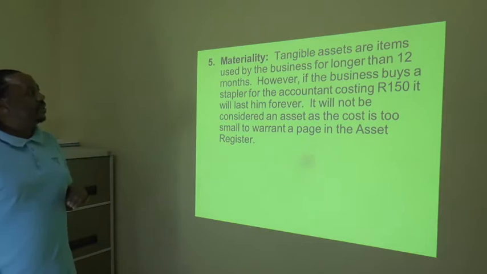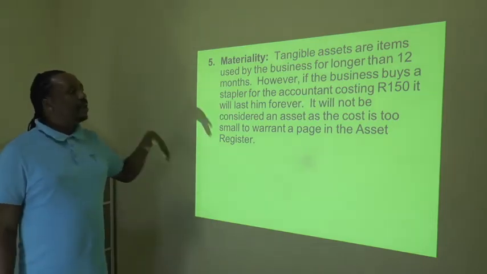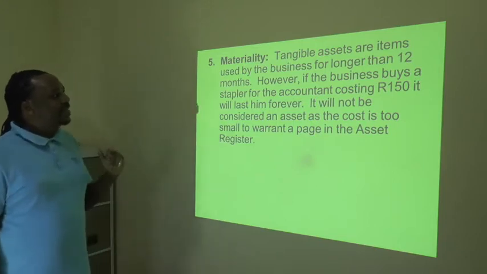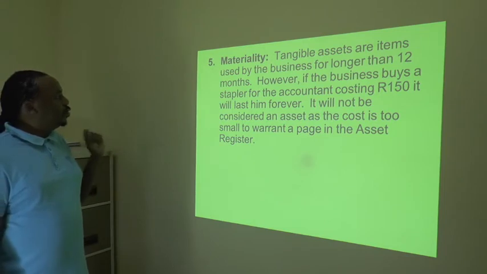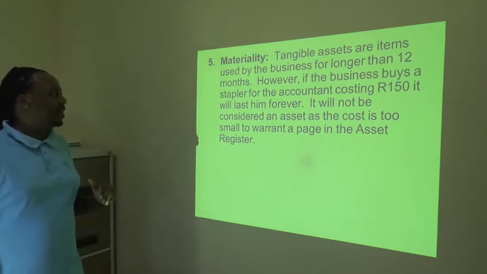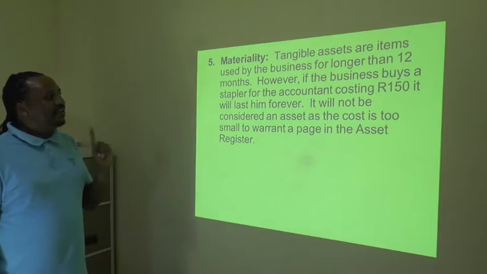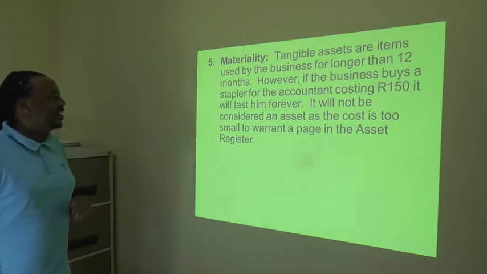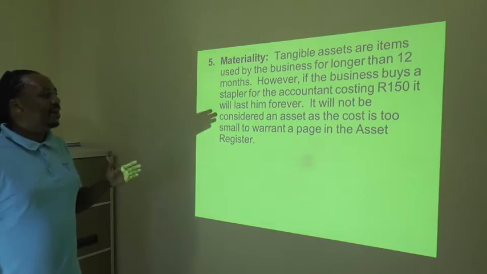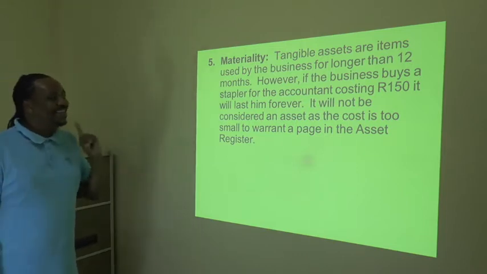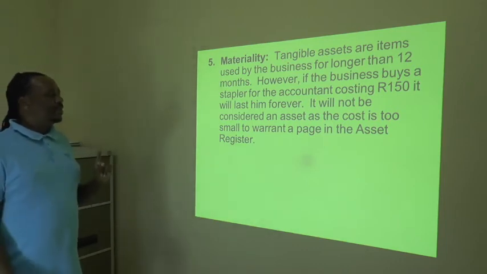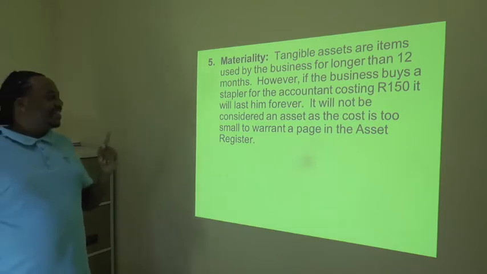So materiality, and a tangible asset. How do you link the tangible asset with materiality? Tangible assets are items used by the business for longer than 12 months. However, if the business buys a stapler for the accountant costing 150, it will last him forever. It will not be considered an asset, as the cost is too small to warrant a page in the asset register.